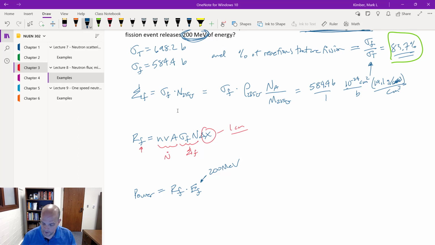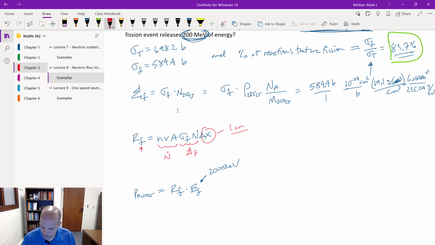And then I multiply that by Avogadro's number, 6.02 times 10 to the 23rd, and divide that by my molar mass, which is 235. I can go look this up for you, 235, but it'll be 4 grams per mole.